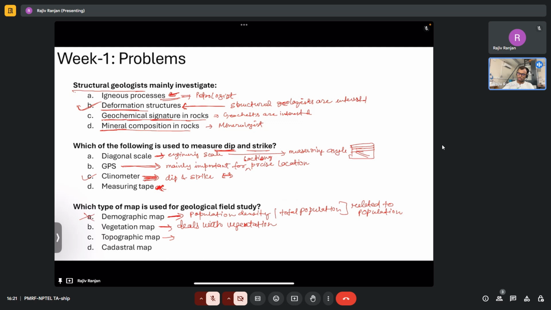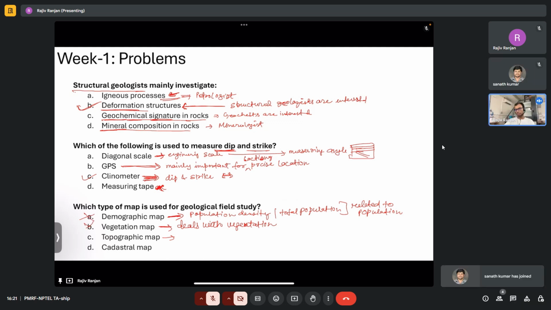So the demographic and vegetation maps are incorrect. What is a topographic map? What does it include? Tell me. Anybody? Can anybody tell me? Hi Sanat. Can you hear me?